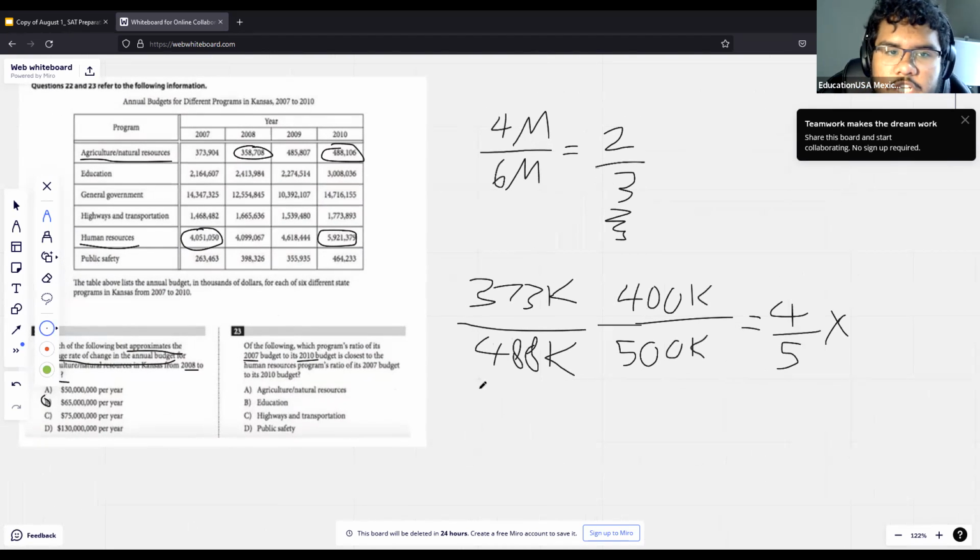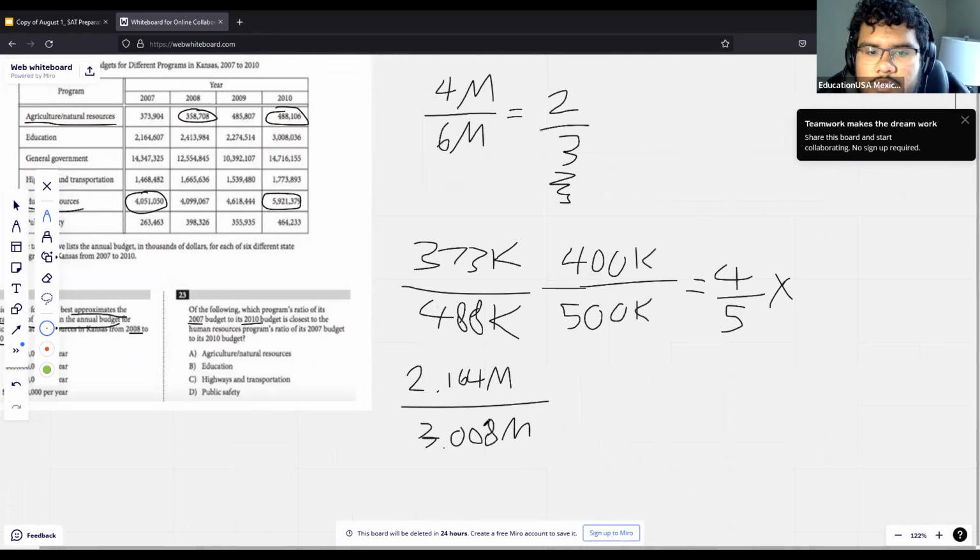Let's look at B, education. For education, we have 2.164 million over 3.008 million. If you focus on the biggest digit rather than anything else, you can round both of these down, and this gets us to 2 million over 3 million, because both of these numbers are too small to warrant rounding up to the next million.